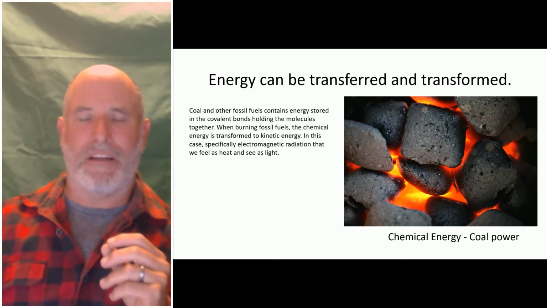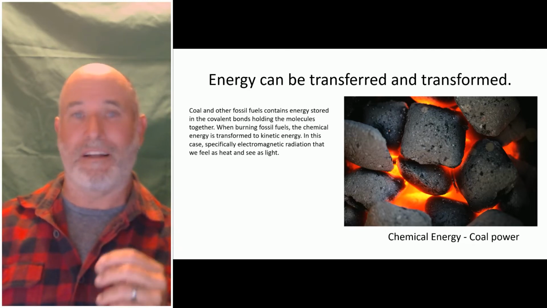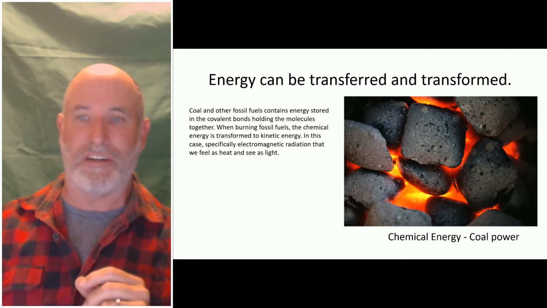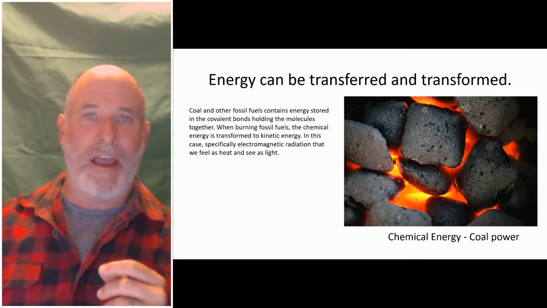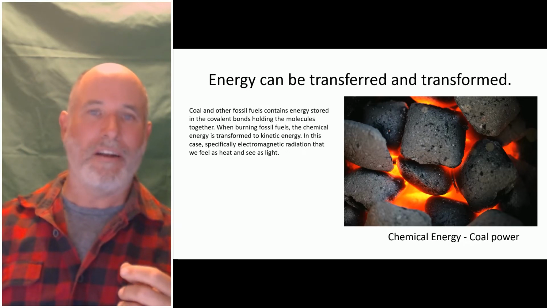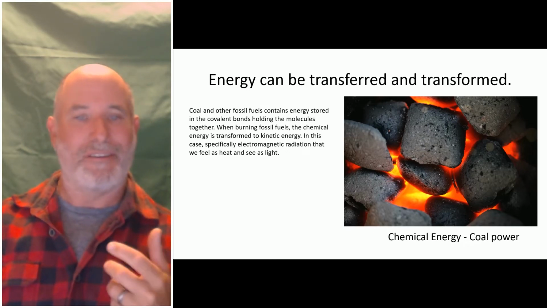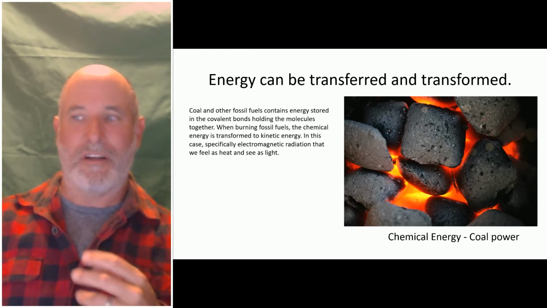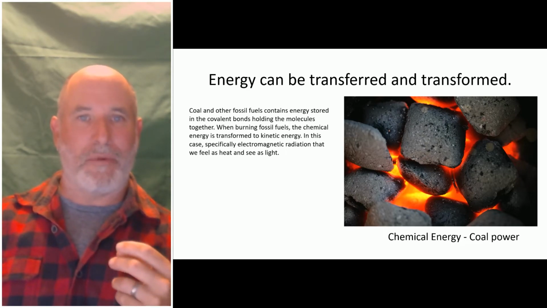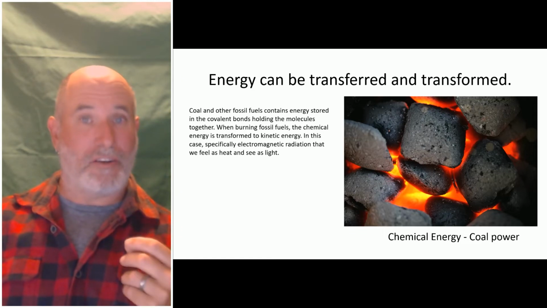Specifically, the kinetic energy that is forming is electromagnetic radiation. We can see it as light, that's the light in the flame, and we can also feel the infrared as heat on our skin. So that's kind of cool, an interesting energy transformation. And of course, the energy transformation is increasing entropy.